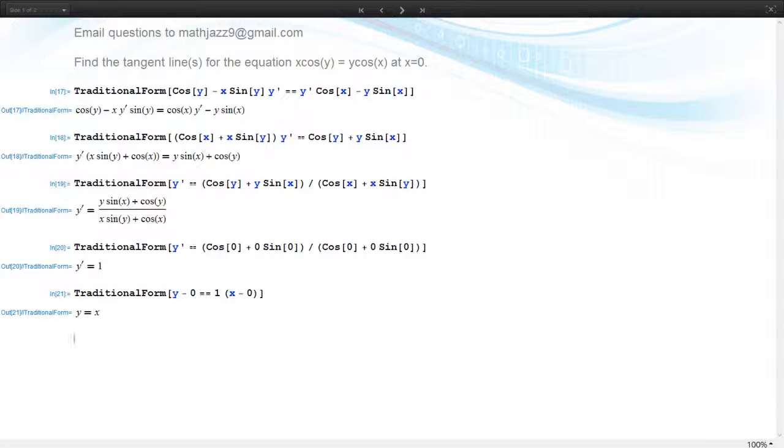We should plot this. Let me figure out how to plot this. So I think it's a density plot. Here we go. Let's see if this works.